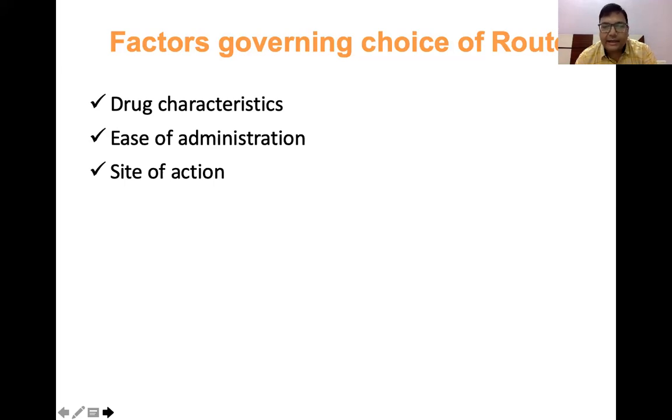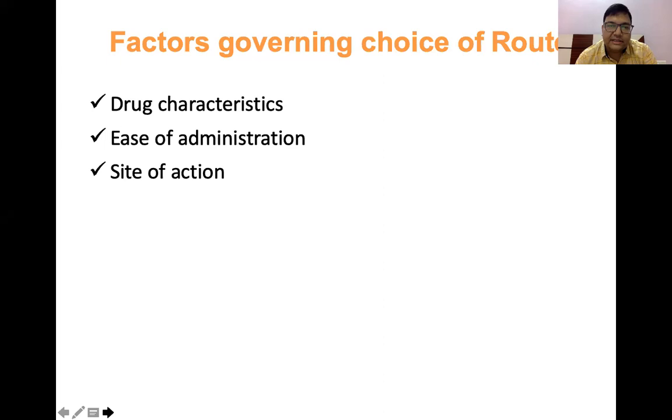Suppose you people are dental people, you have to administer a local anesthetic for an extraction of a tooth. For that purpose you are going to administer this local anesthetic by the local infiltration method. So that changes our route of administration.